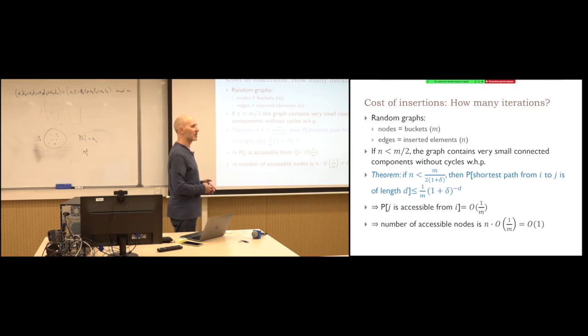I don't understand how connected components are related to our problem. They are related because when we place an object and iterate, we basically stay inside the connected component of the graph. So if we know that the connected components have constant size, then we are sure that the insertion will take constant time.